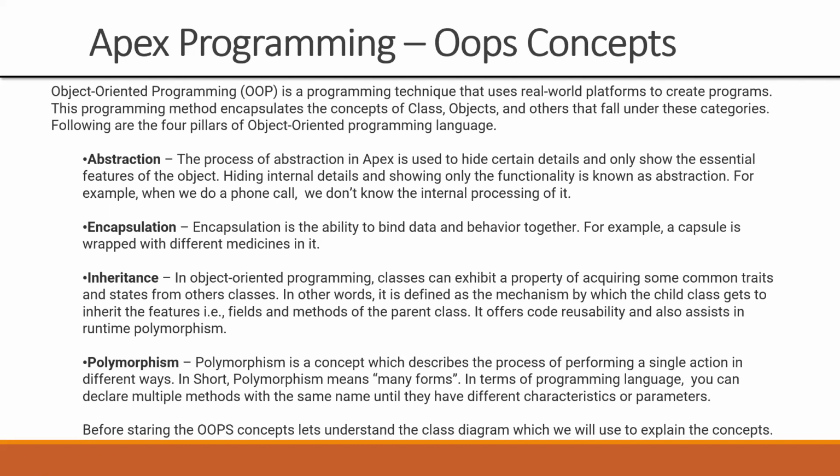Data hiding is called abstraction. We want to hide unnecessary details from the customer or the client, and just show the important things. So hiding the unnecessary details from the customer and showing only the essential features is called abstraction.